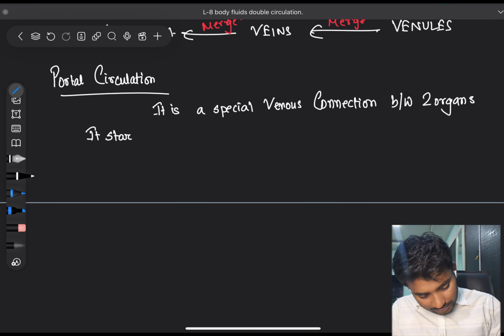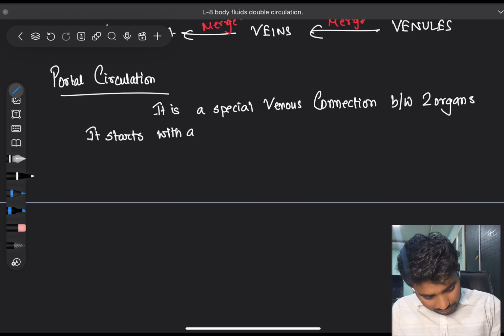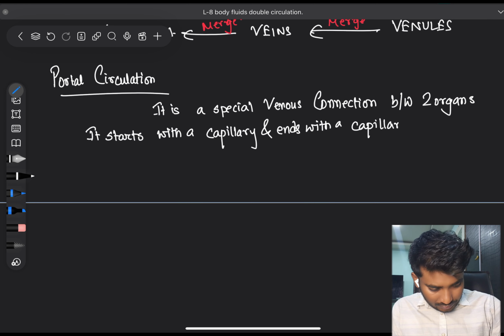It starts with a capillary and ends with a capillary.